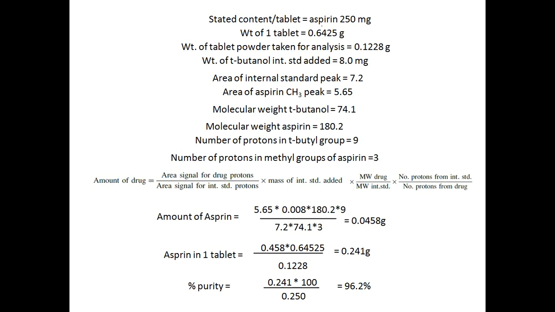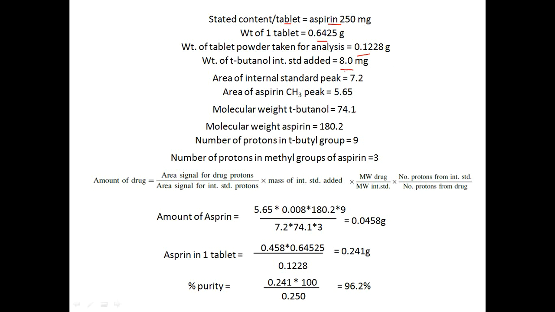Here we can see, if we take the content of the aspirin tablet, one tablet consists of 250 mg, and the weight of the tablet is taken, let's say it weighs 0.6425 grams. You powder that particular tablet, and from that you take a small amount of the sample, 0.128 grams. To that, around 8 mg, that is 0.008 grams, of the internal standard, tertiary butanol, is added.